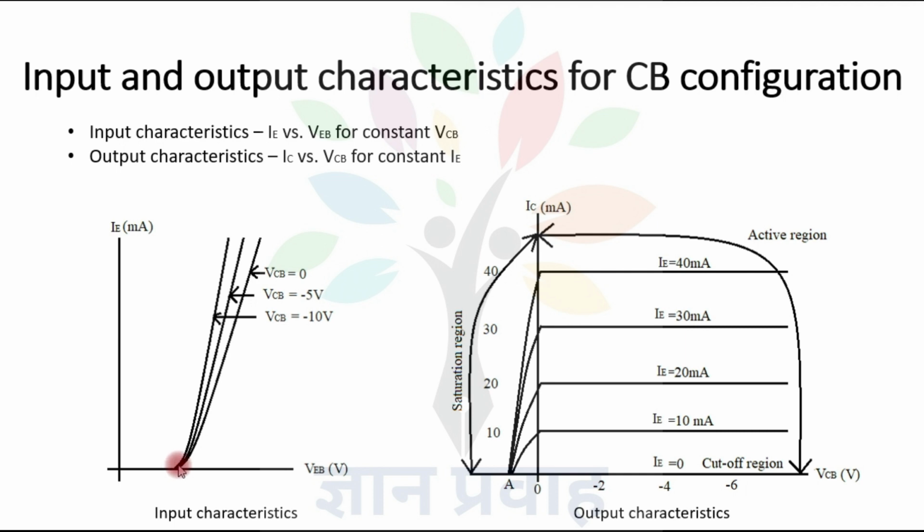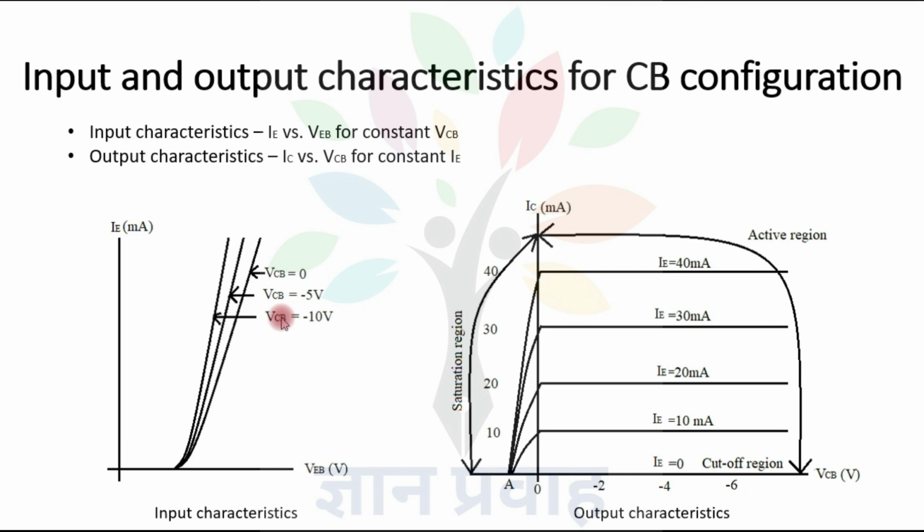At this point current starts to flow, and in case of silicon semiconductor material, the knee point is at 0.7 volt, and in case of germanium semiconductor material, the knee voltage is at 0.3 volt. So when VCB equals 0, the curve is given here.